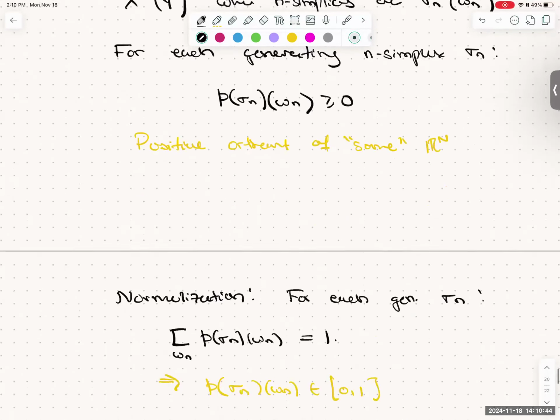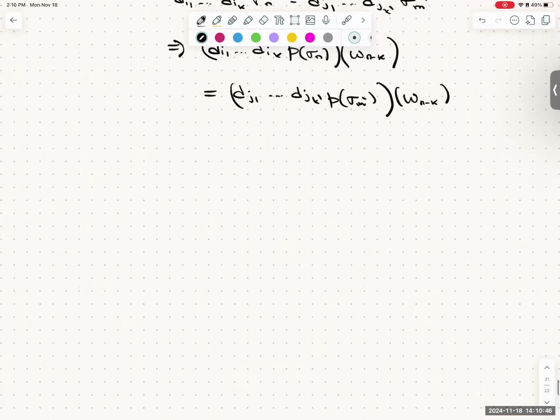So when I impose something like this, and I will put it in quotes just to avoid having to be very precise, it's a sum over p of sigma n, omega n, equals the sum of p of sigma m prime, omega m prime.